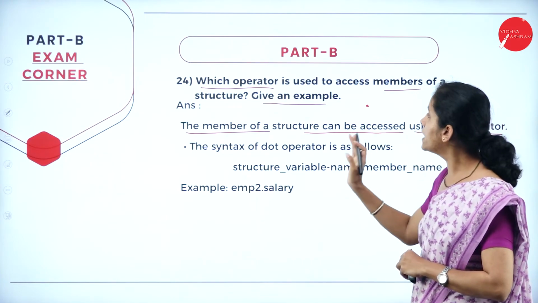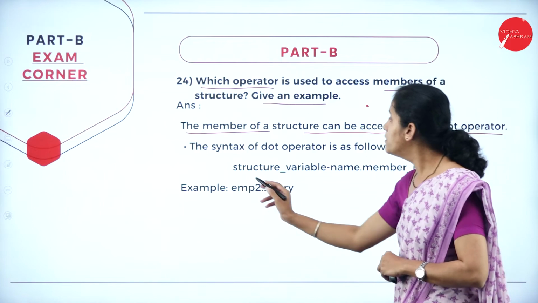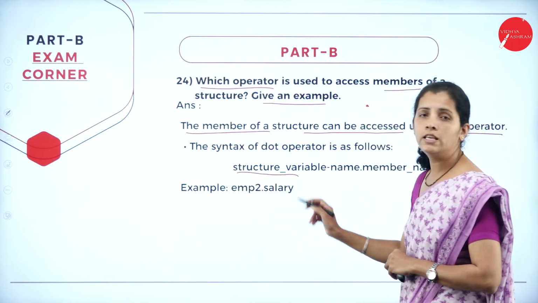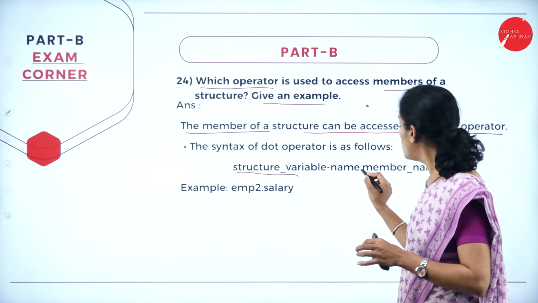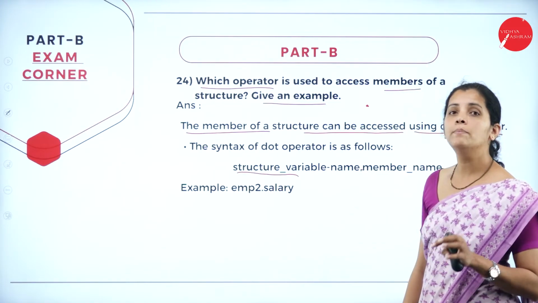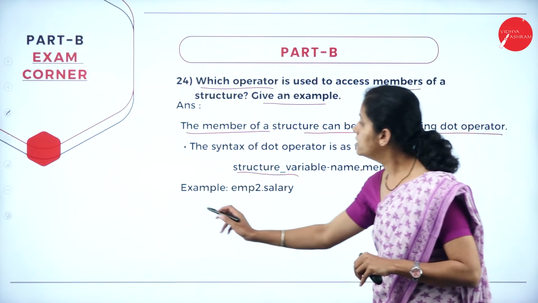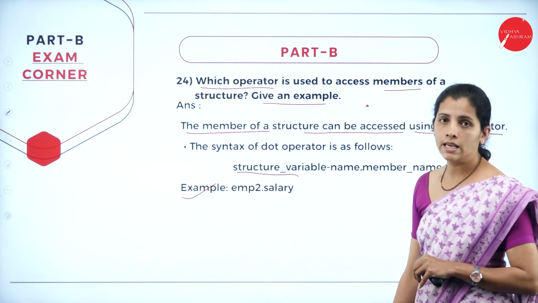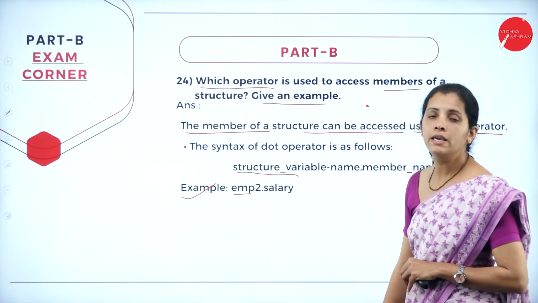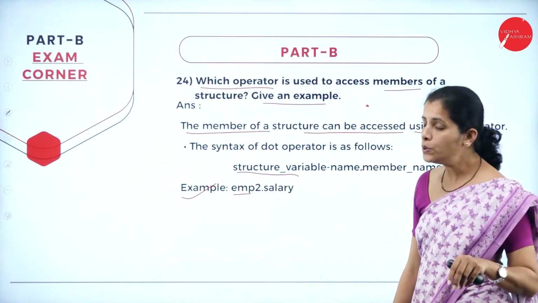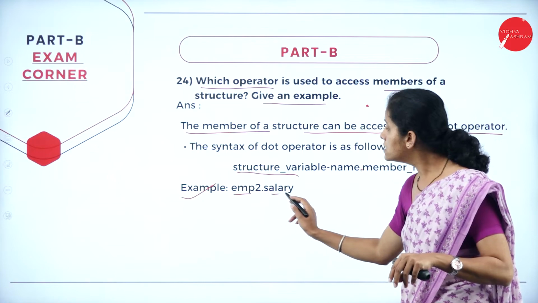Now, let me write the syntax here. First, I'm going to write the structure variable name, then the dot operator and the member name. So, here I have the example, that is, structure variable name here is employee2 dot salary.